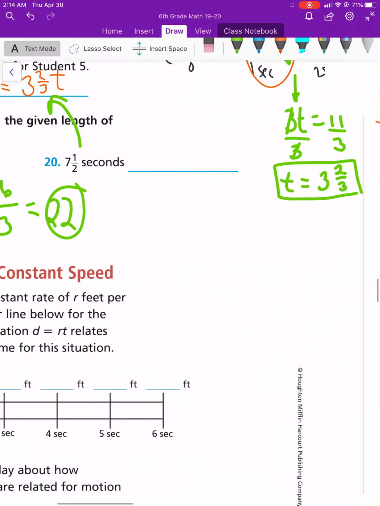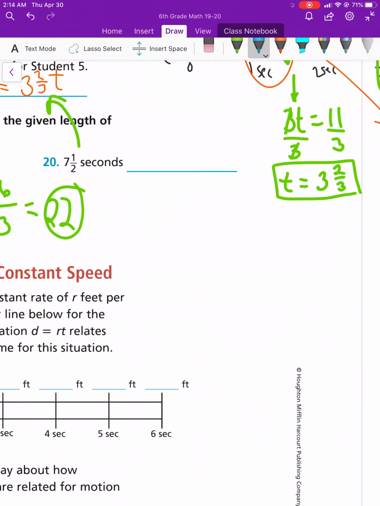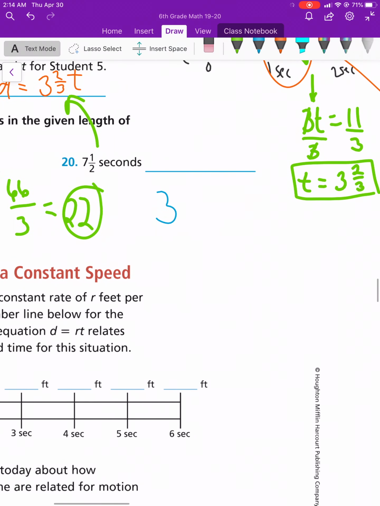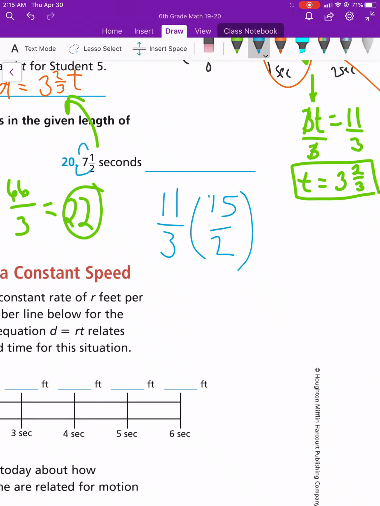Okay, number 20. Same deal. I'm going to do this in a different color so I don't get mixed up. 3 and 2/3, or we decided that was 11/3, right? So let's write 11/3 because it just makes the math easier. Times 7.5, that's 7 times 2 is 14, plus 1 is 15 over 2.